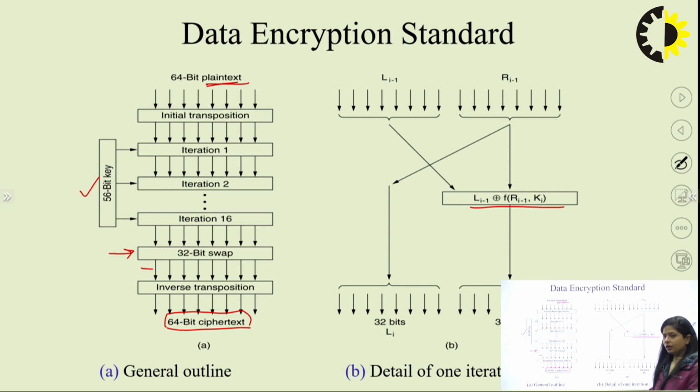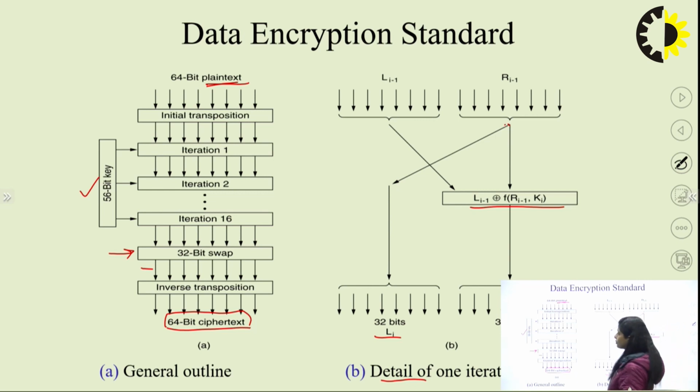And because it has been swapped, the left 32 bits become the right 32 bits. So this is the detail of one iteration.